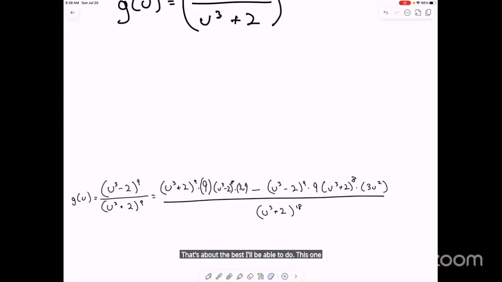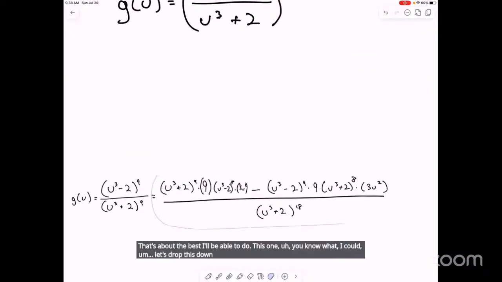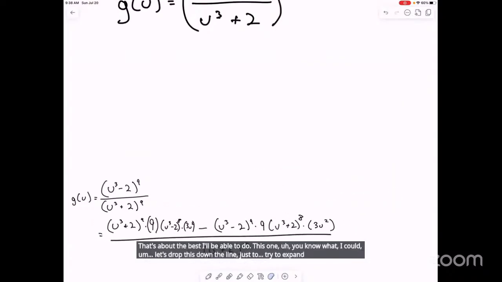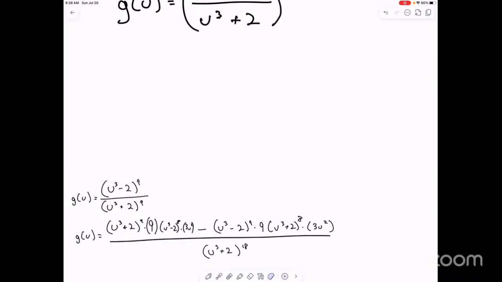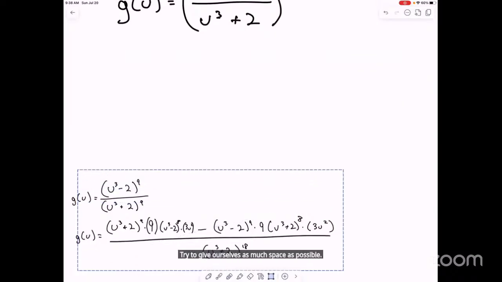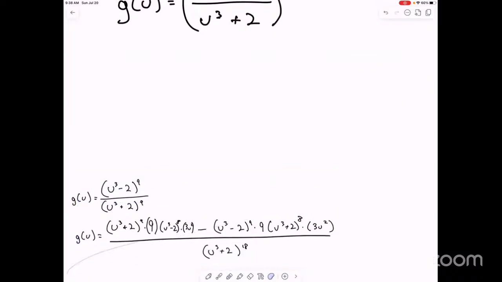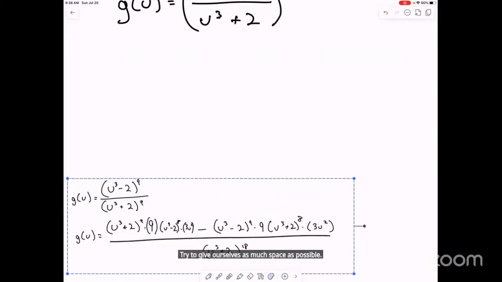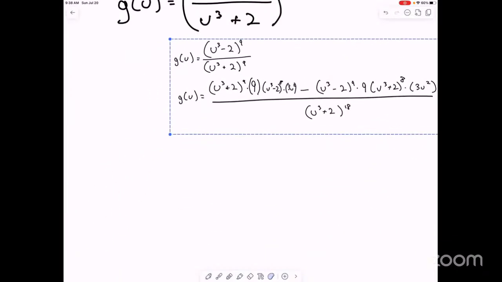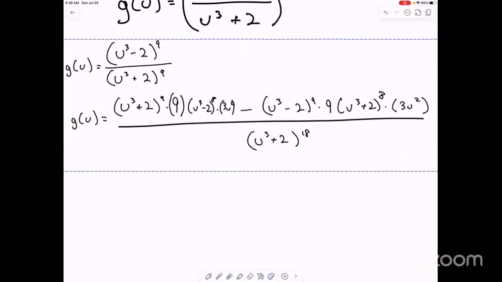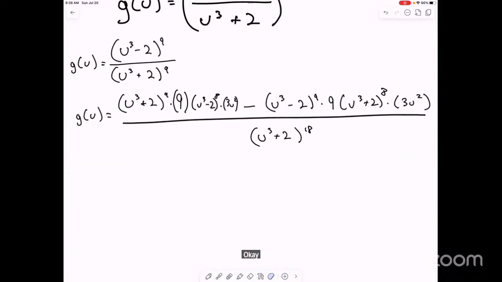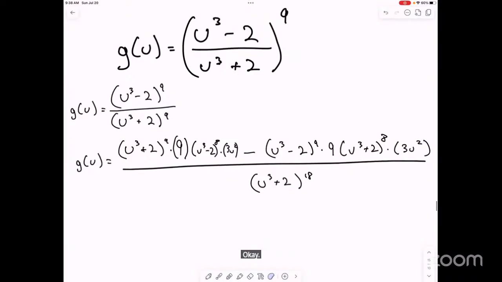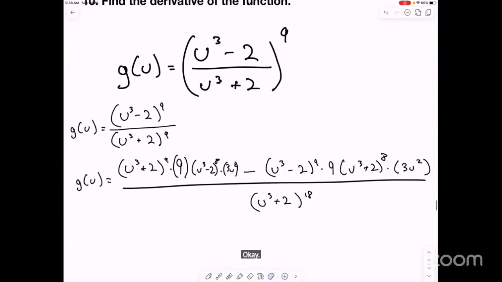Let's drop this down the line just to try to expand the font a bit and give ourselves as much space as possible.